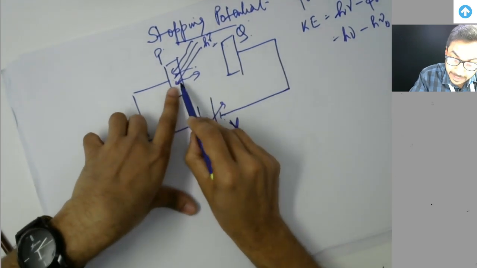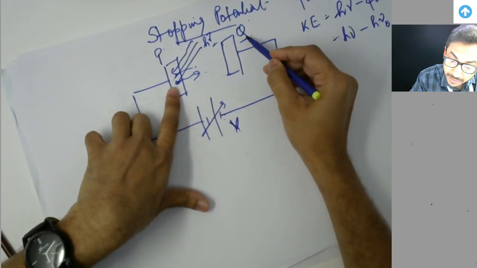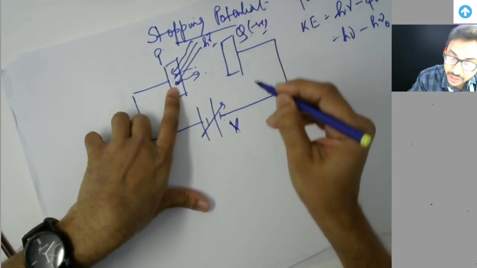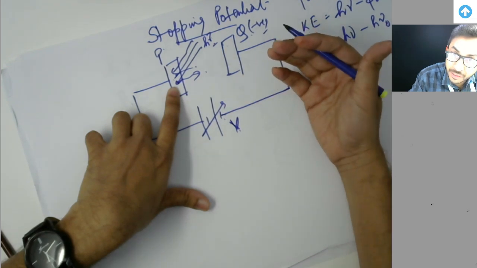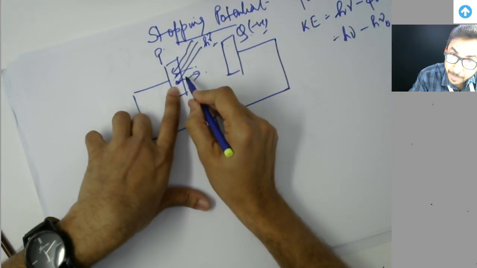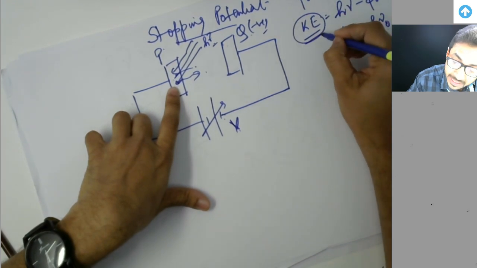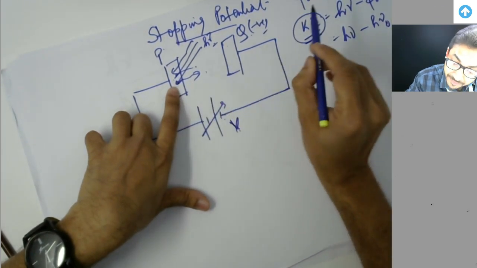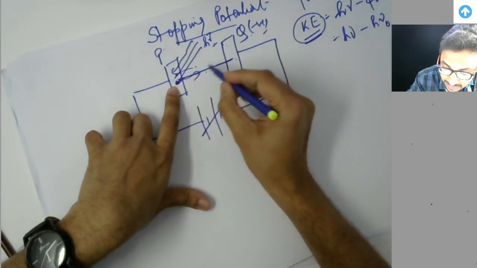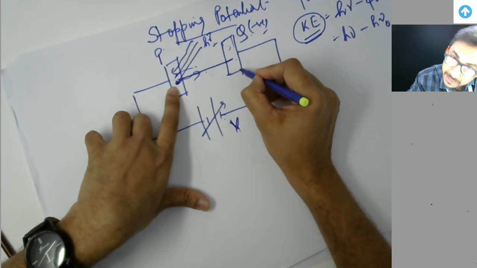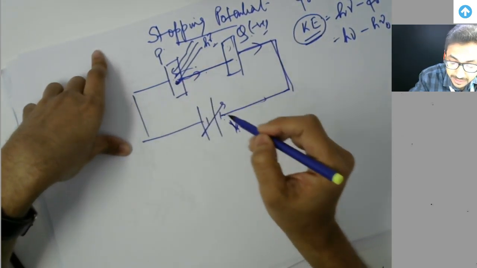Now see, electrons have been emitted, but Q is at a negative potential. So what is the normal tendency of the electrons? The electrons will be repelled, but as electrons, they do have kinetic energy. A few electrons can cross this distance and fall on the plate Q, and finally they can complete the circuit.